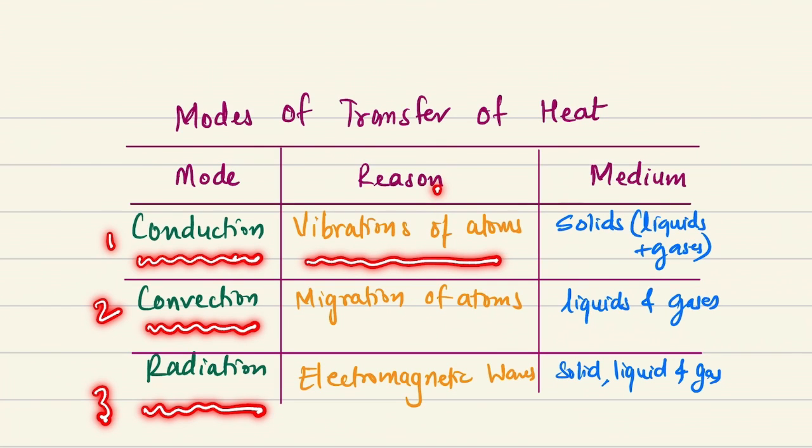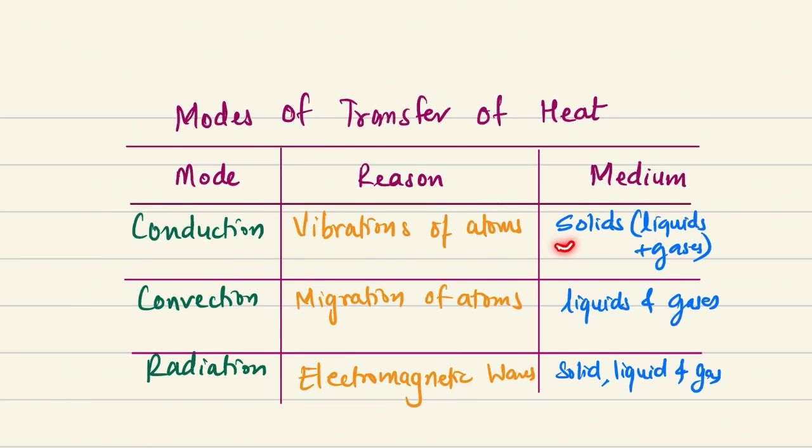So the atoms and molecules vibrate at their own mean position, and the heat is transferred from one atom to another atom, and so on and so forth. However, in convection, it's the migration of the atoms, like moving of an atom from one point to another. In radiation, it's the electromagnetic waves which make the heat energy transfer.